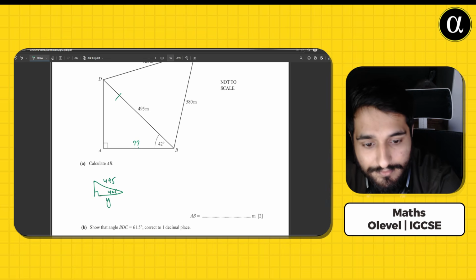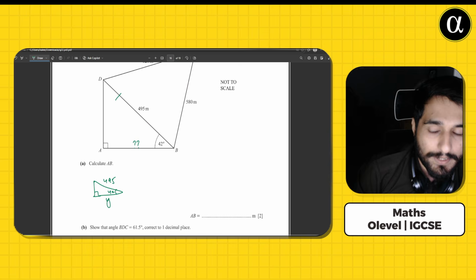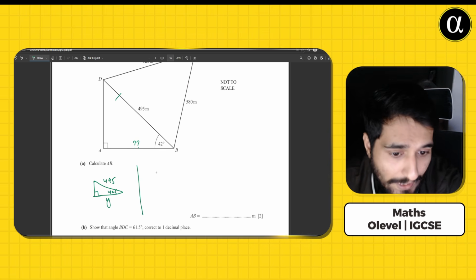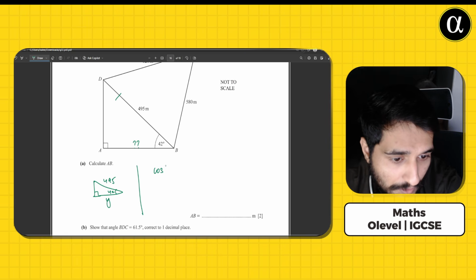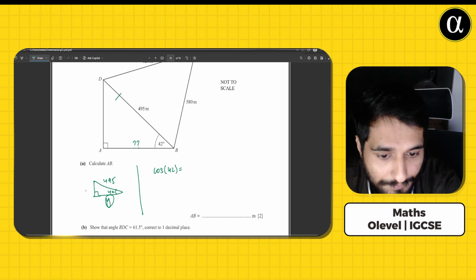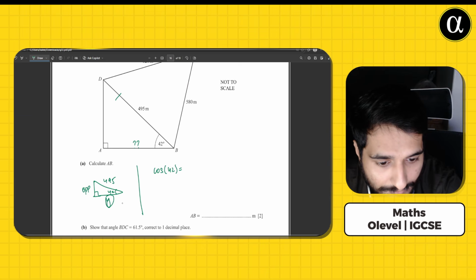So we know that since this is a right angle triangle, we can apply the rules of trigonometric ratios, which is going to be cos theta. Cos of 42 is equal to adjacent over hypotenuse. This side is opposite, this side is adjacent, and this side is hypotenuse.